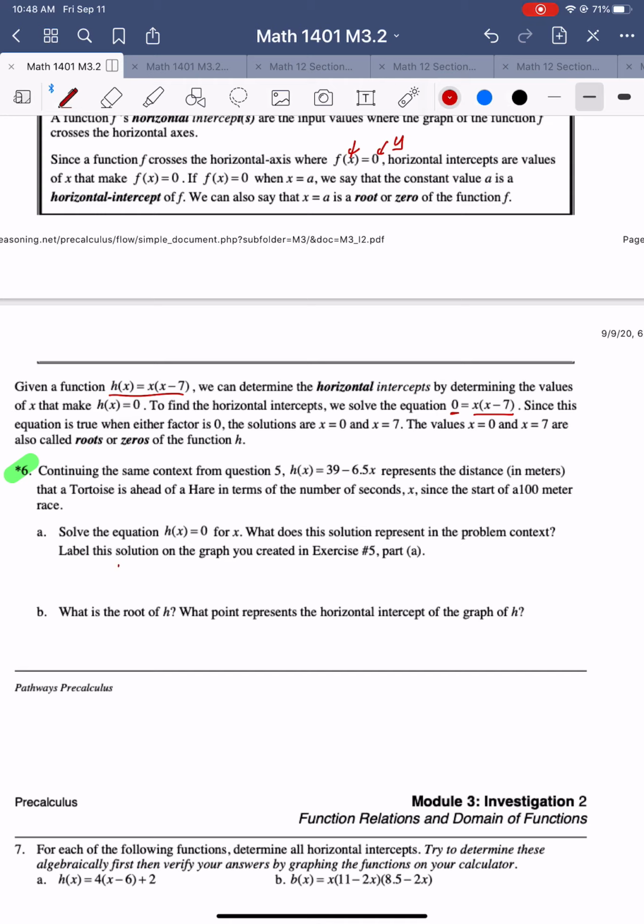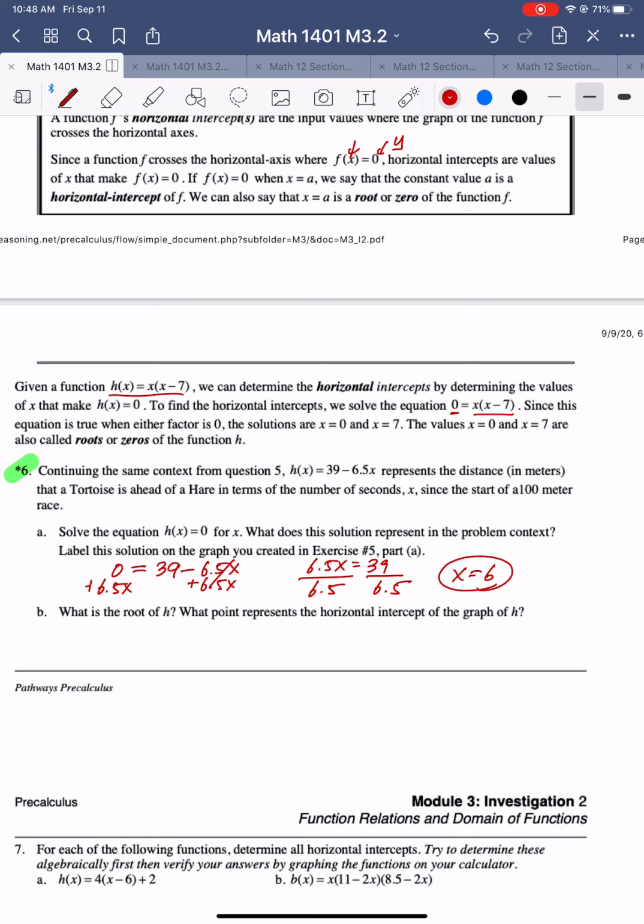So h of x equals 0 equals 39 minus 6.5x. And then adding 6.5x to both sides, I got 6.5x equals 39, and dividing by 6.5, I got x equals 6. So which means at 6 seconds, so what does that mean?